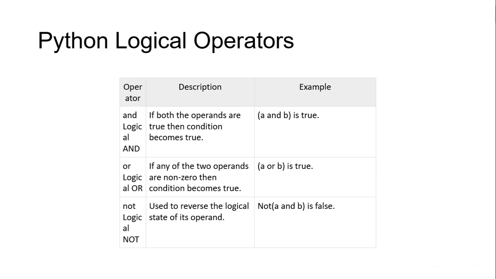After that we have the logical operators. That means we are not performing the AND, OR and NOT operations on the binary level, but it depends on the value of that particular variable. So we have a logical AND, a logical OR and NOT. When we take the values of a and b, something like 3 and 5, then if you perform an operation like a and b, it returns true because both variables have values.